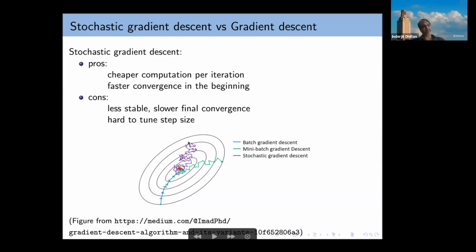So my colleague's peeve, this is Steve Wright from Wisconsin, is that it should actually be called stochastic gradient method. It's not a descent method, okay? But I think he's lost the battle because everybody calls it stochastic gradient descent. People have been too used to calling it that. Okay, any questions so far?